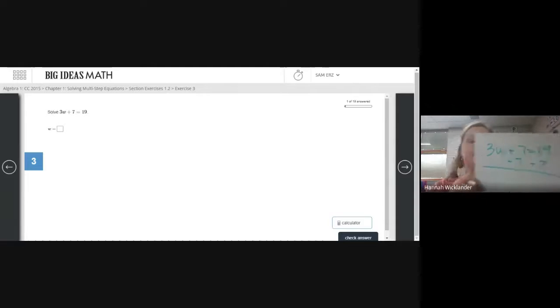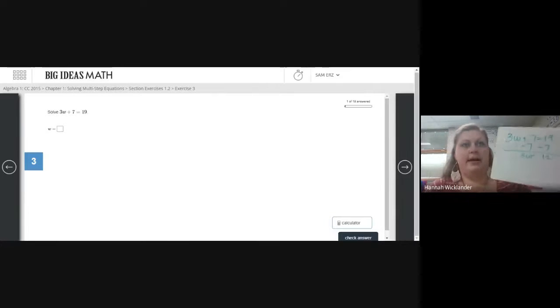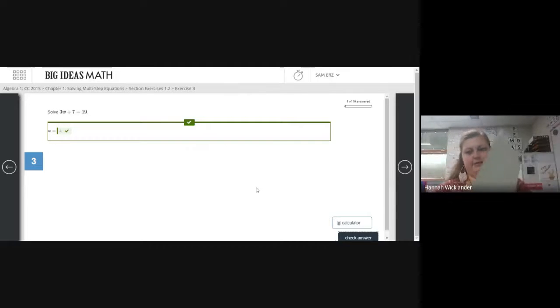And to get the variable by itself, 19 minus 7, 12, equals 3w. Now I'm going to divide by 3 to get w by itself. And 12 divided by 3 gives me 4. So if you type in 4, check answer, correct.